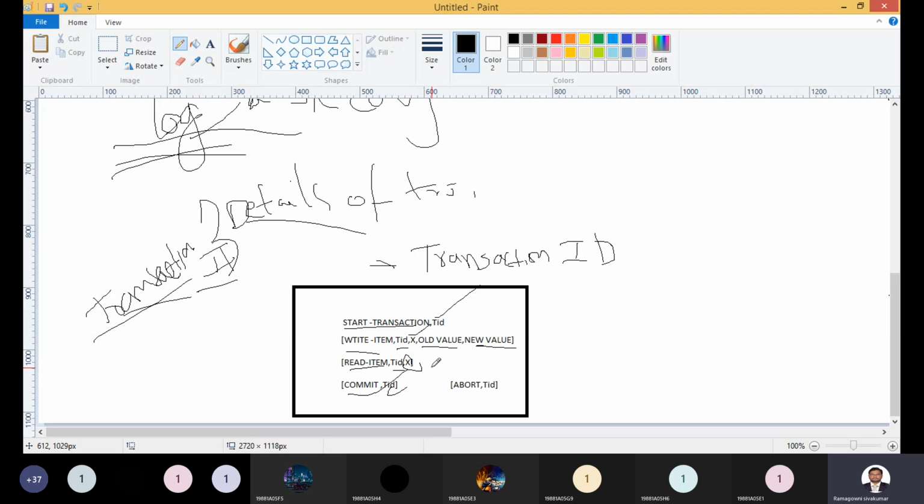And if any failure occurs, it is aborted with the transaction ID. Because we provide the transaction ID, we know the details of each transaction, and then we are able to recover.